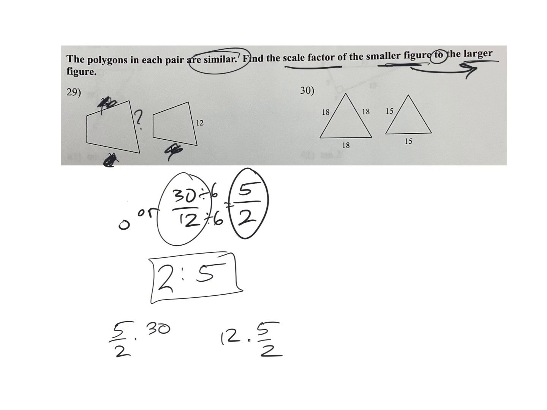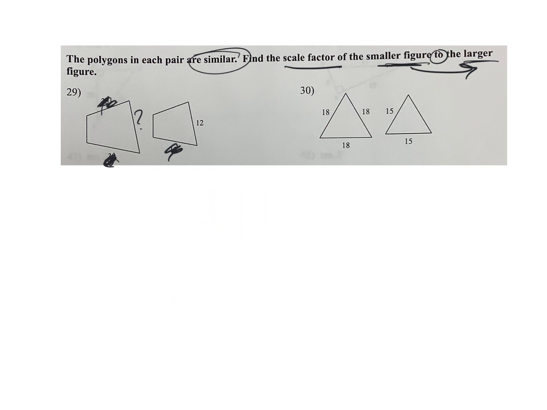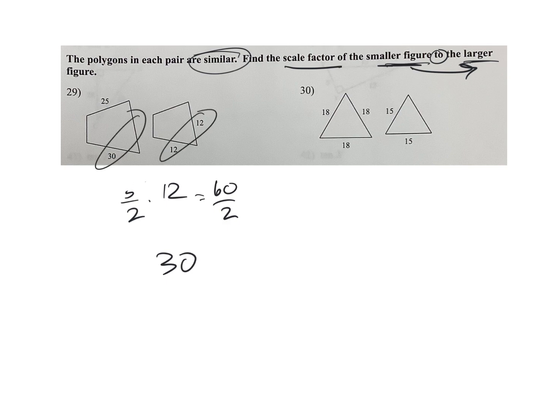But I give you the scale factor of 5 halves. All I have to do is take the smaller number times my scale factor, and that tells me what that is. 5 times 12 is 60, divided by 2 is 30. And doesn't that make sense that this is 30 as well as this one? Here's why. If these two are the same, those two better be the same if they're similar pictures.